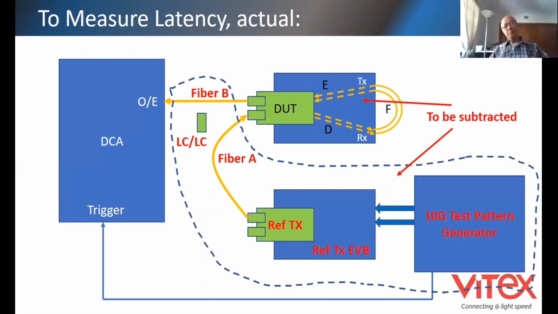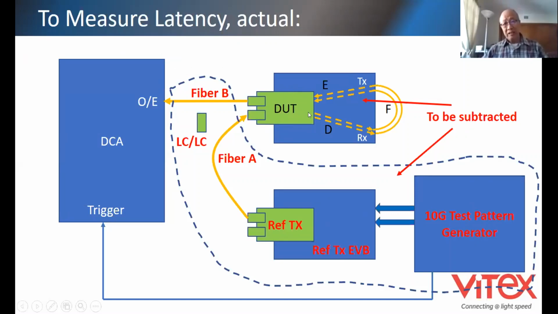Now, this block diagram I put together shows how you should measure. Let me explain. This side is a pattern generator. It goes to a reference transmitter EVB, as I call it. Here I have a reference transmitter, and the transmitter light goes into the DUT. The DUT, device under test, is the module we're going to measure.